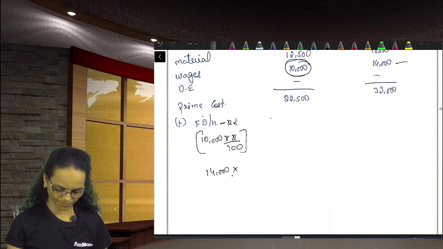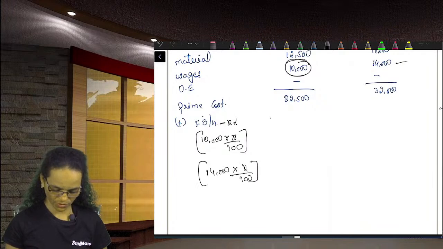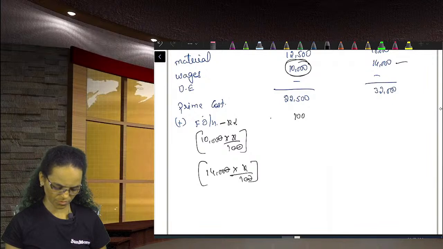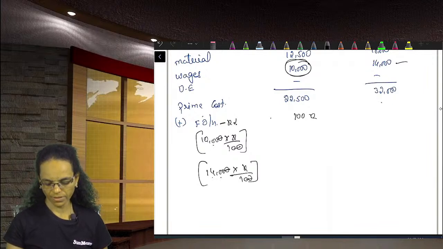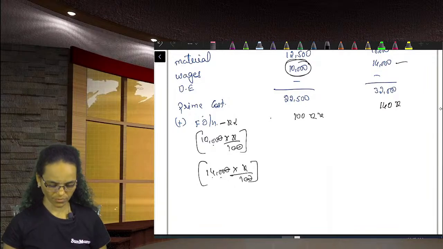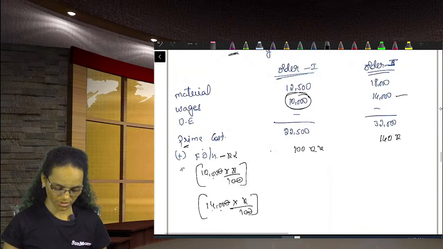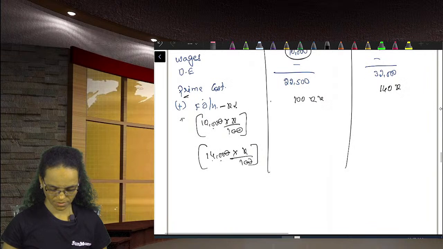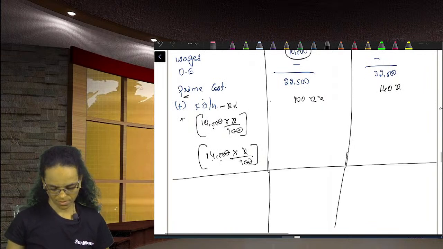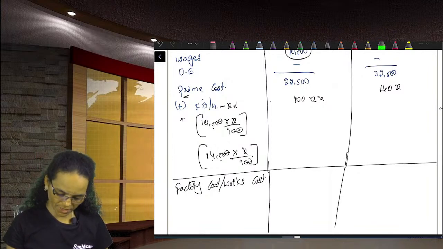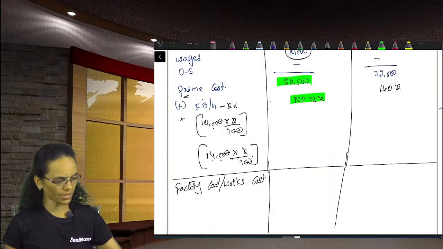So two zeros gone, here also two zeros gone. So it is 100 X, and this is 140 X. So prime cost plus factory overhead is nothing but works cost or factory cost. This one plus this one is the factory cost.